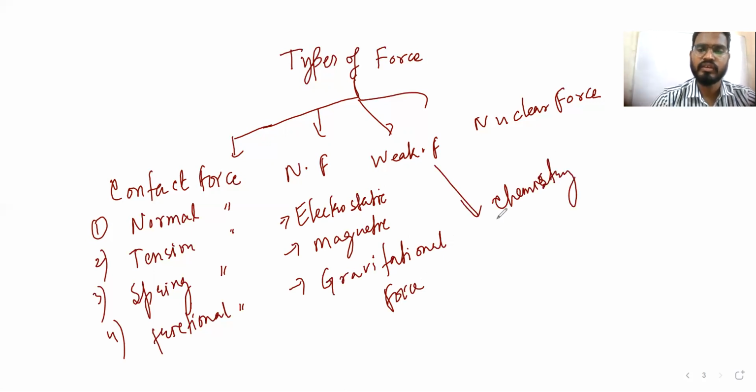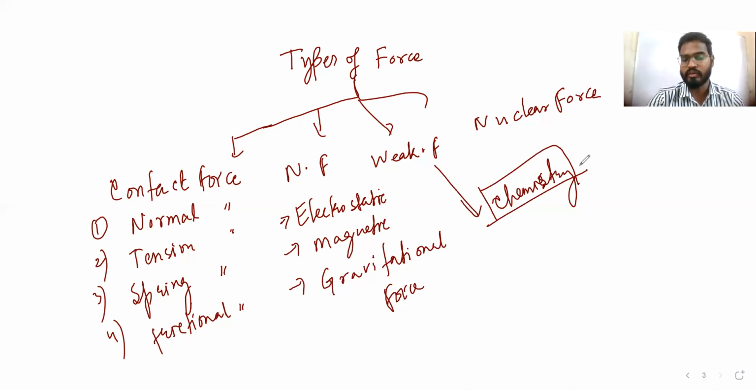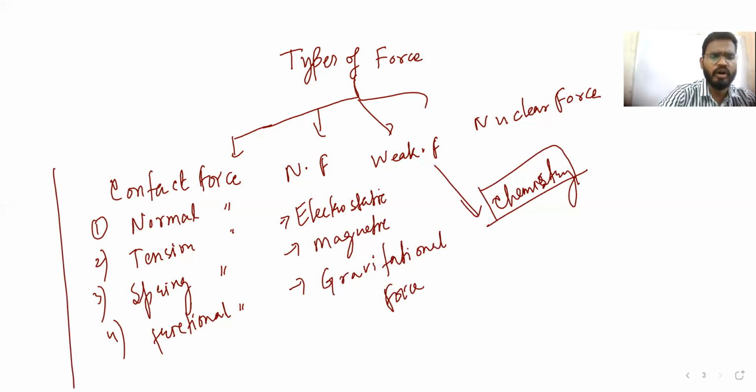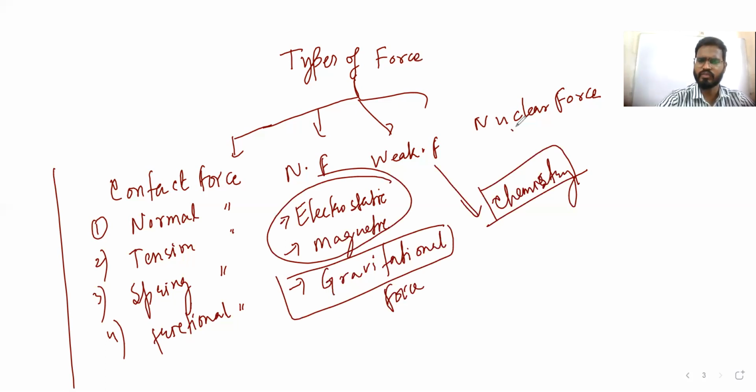And then there is nuclear force. Inside the nucleus there will be protons and protons, so of course there will be a repulsive force. That force is nuclear force. Here in class 11th we are supposed to do all contact forces and gravitational forces. Electrostatic and magnetic forces we will do in class 12, and nuclear force also in class 12.